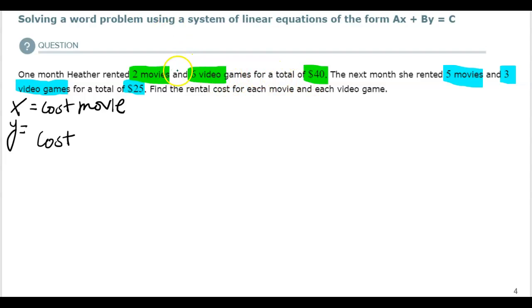So with my green information, I get 2 cost of movies plus 6 video games cost us 40. 5 movies plus 3 video games cost us 25 off my blue equation. So now I have 2 equations.